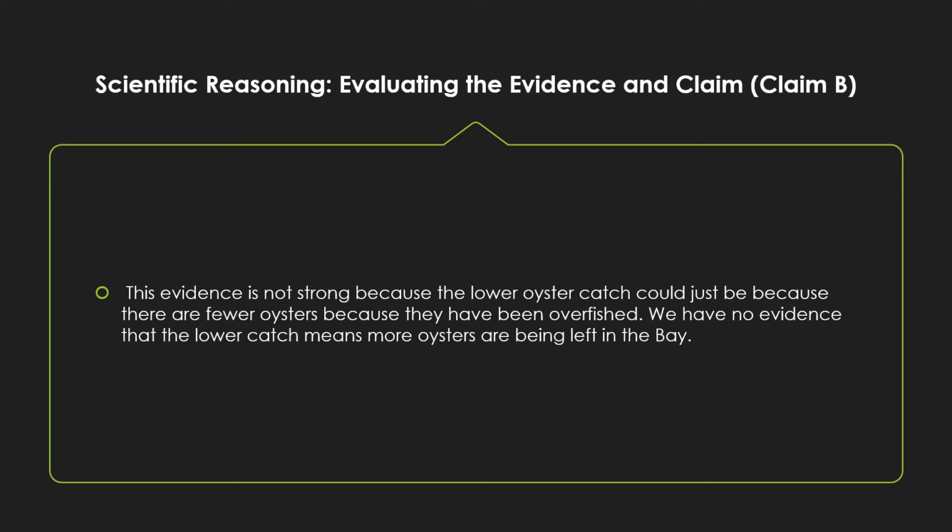The reason is we are catching less because we already overfished them and dead zones are impacting them. It's not because the population is stable, we catch less, but we already overfished. That's why we have less oysters now.